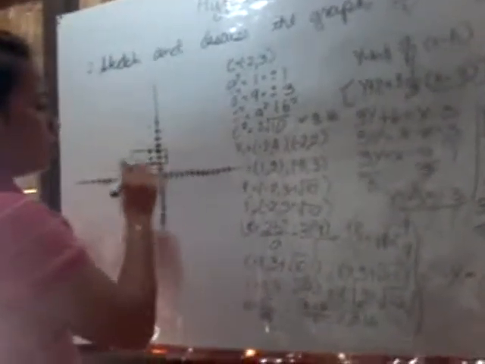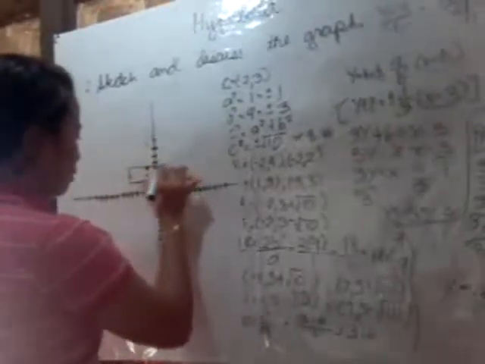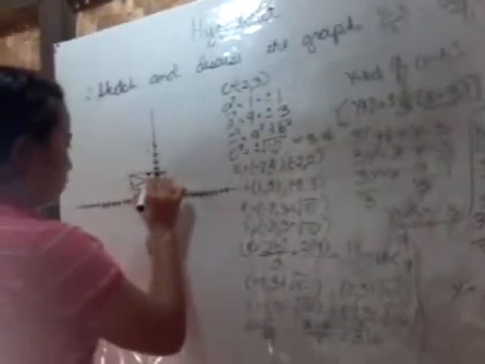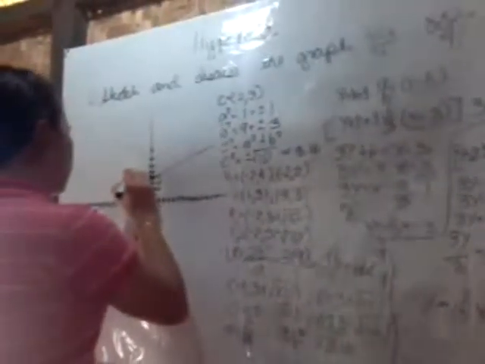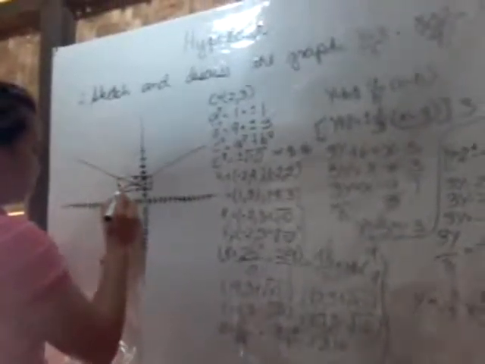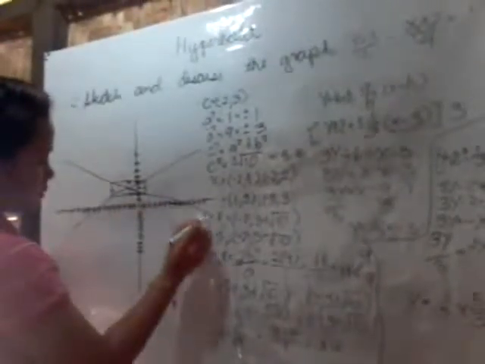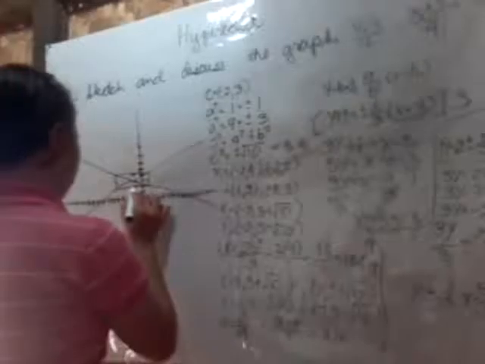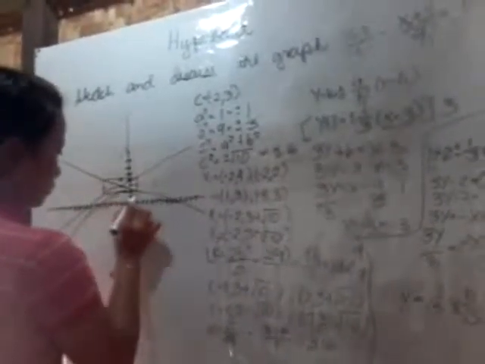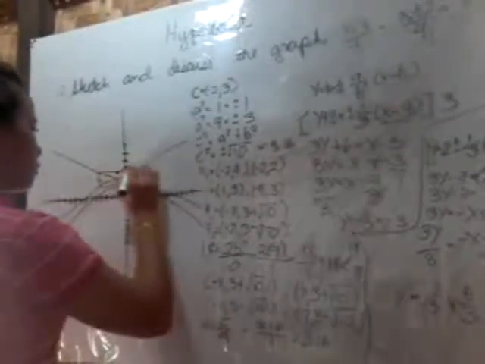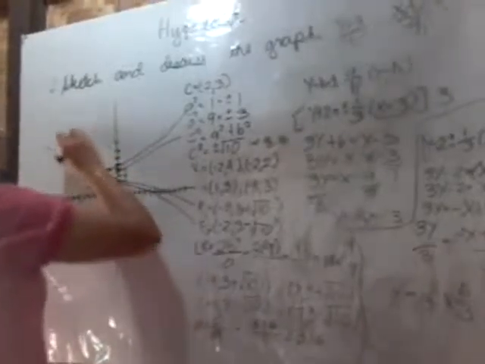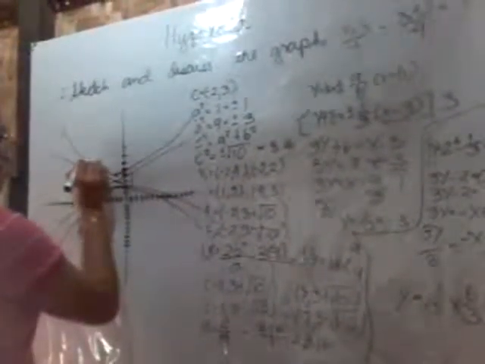So this rectangle here helps us to locate easily the hyperbola. There. So that's it.